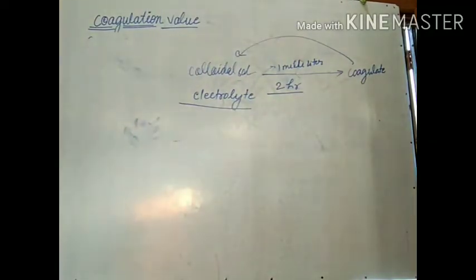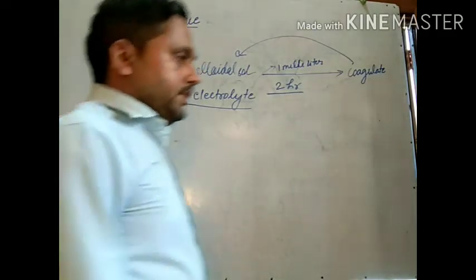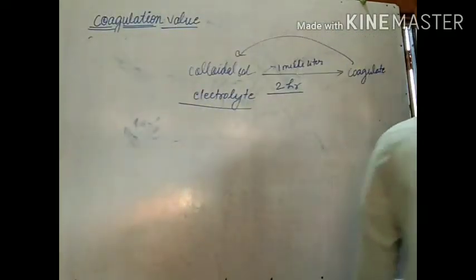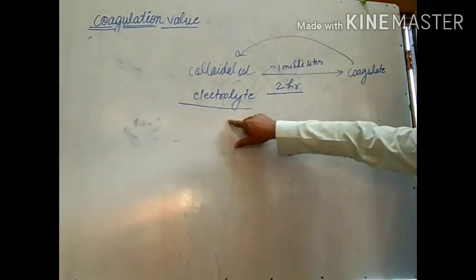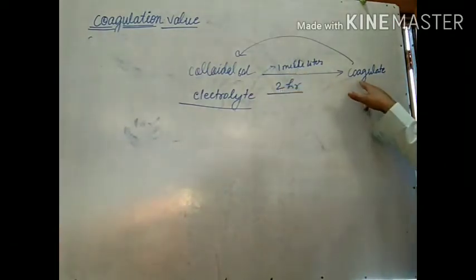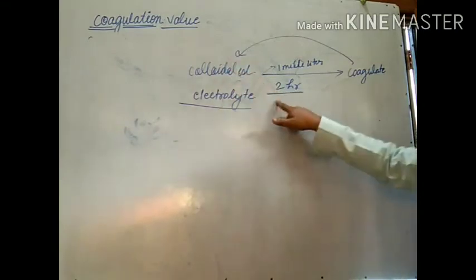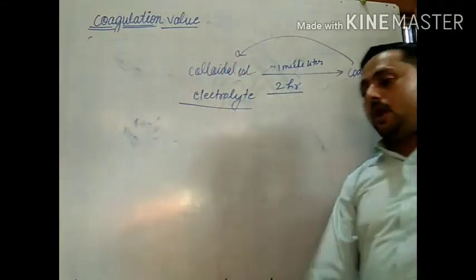So how can you define it? Could you be able to define? Yes, you can define it. The minimum amount of electrolyte required in milliliter to coagulate colloidal solution in 2 hours is called coagulation value.